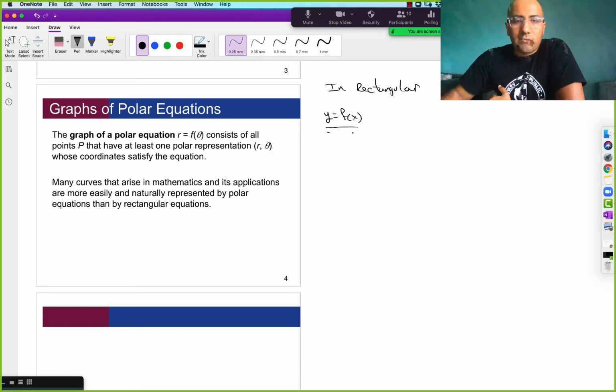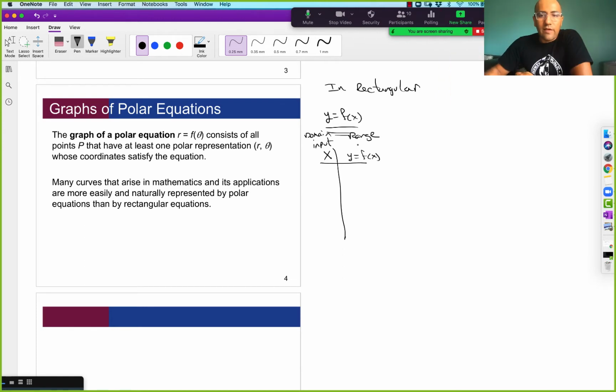That's our function, and in this rectangular setting, we have an x value, which is the input. This is the domain values. They go in here, and then we have some sort of output, which is the y, which is the f of x, which is the range. This is the range values. These are the outputs. So we have this whole conversation of inputs and outputs.